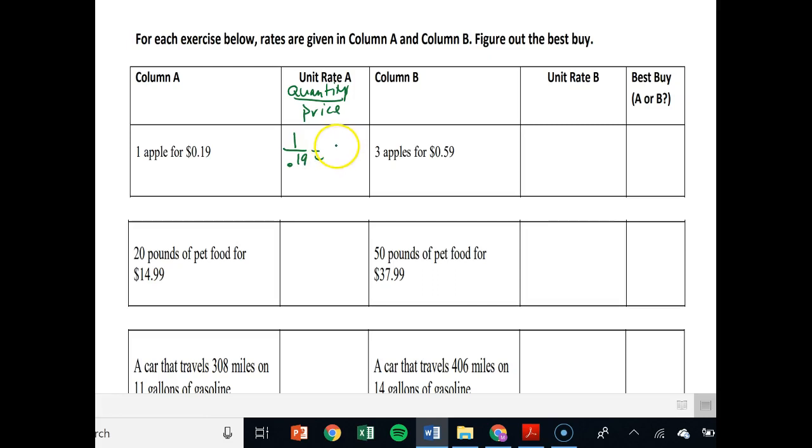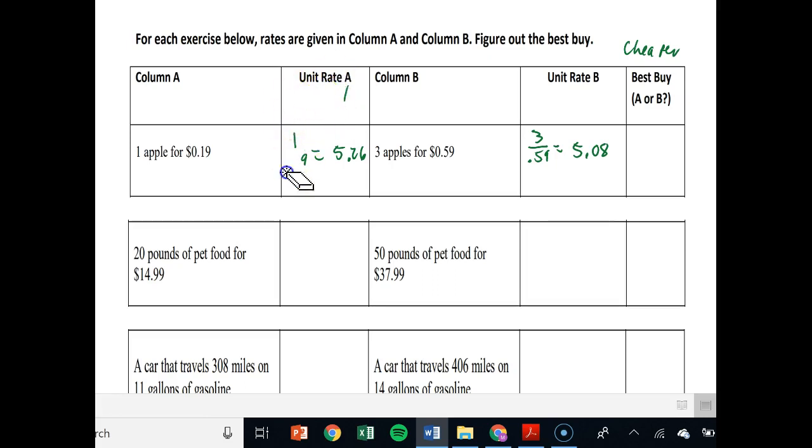Turns out to be 5.26. And then what about 3 apples per 59 cents? So 3 divided by 0.59, that is 5.08. So then for the best buy, you just want to pick the cheaper one. So what's cheaper? Is it cheaper to do 5.26 or 5.08?